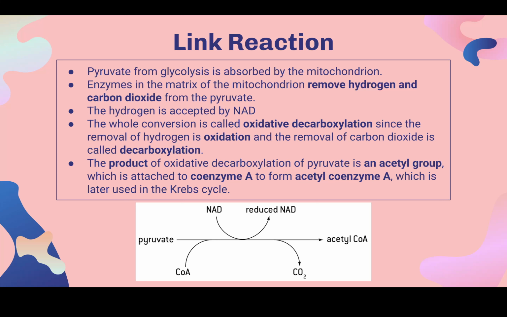Yeah. So, like I said, pyruvate from the glycolysis in the cytoplasm is absorbed by the mitochondrion, singular. And then the link reaction happens here. Essentially, enzymes in the matrix of the mitochondria will remove hydrogen and carbon dioxide from the pyruvate.